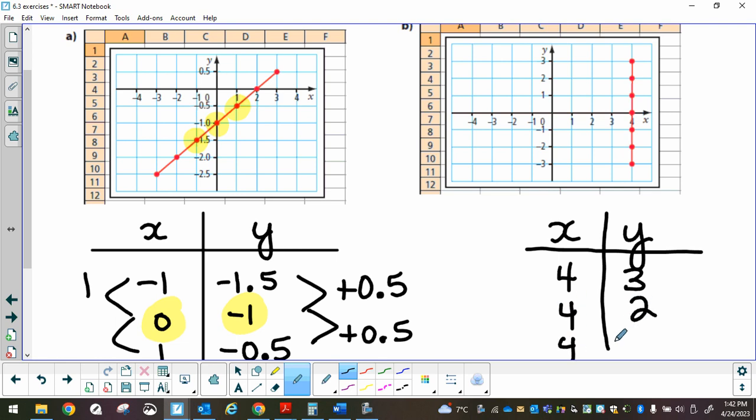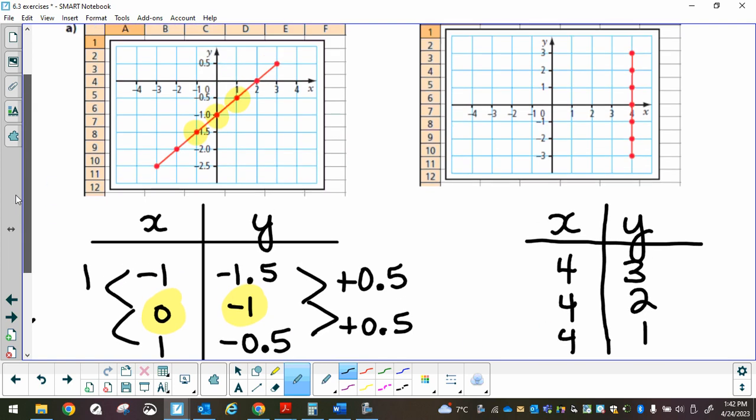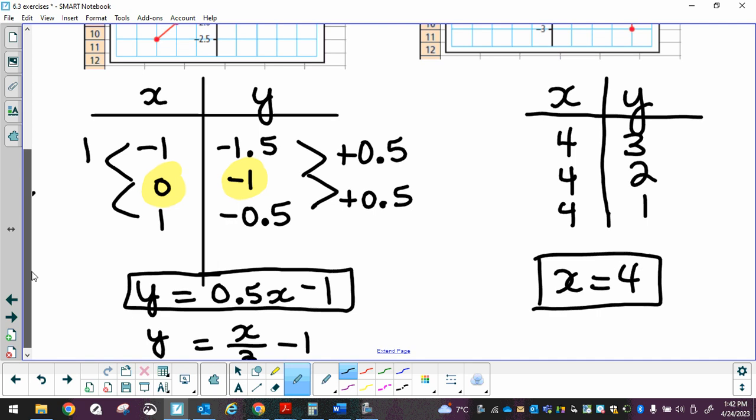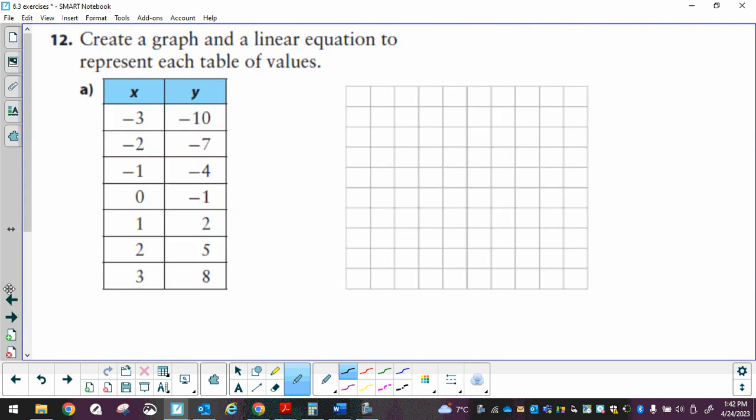X is 4 and Y is 1, etc. What you're noticing is X is always 4. Your equation is X equals 4.